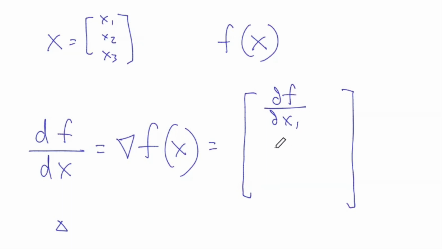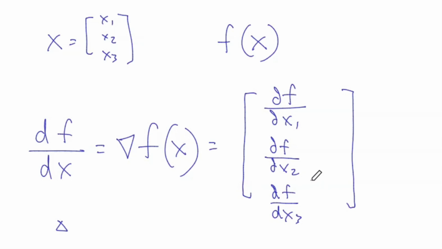The second is the derivative of the function over x2, and the third one is df over dx3. So this is the gradient of the function. Don't worry, later I will show you some examples.